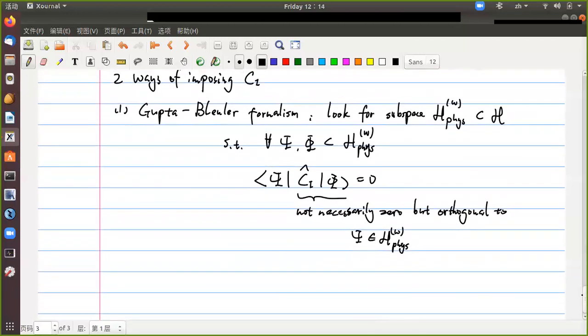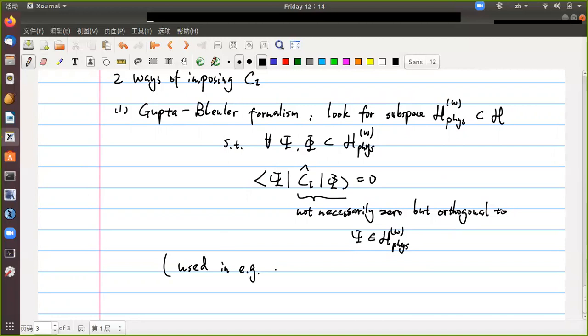And this procedure is used, for example, in string theory. So the very first example is the quantization of the electromagnetic field.